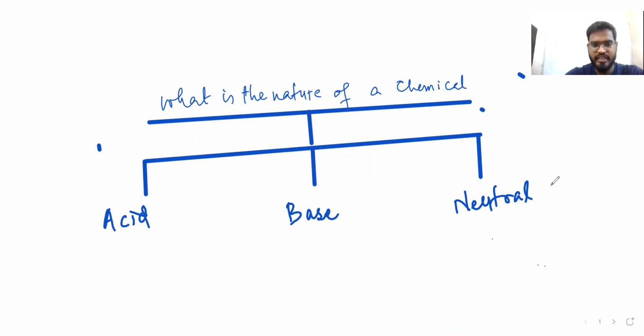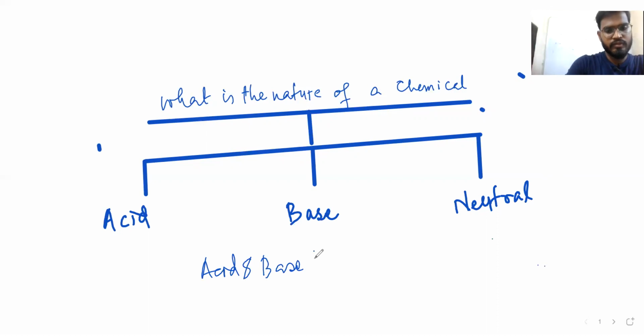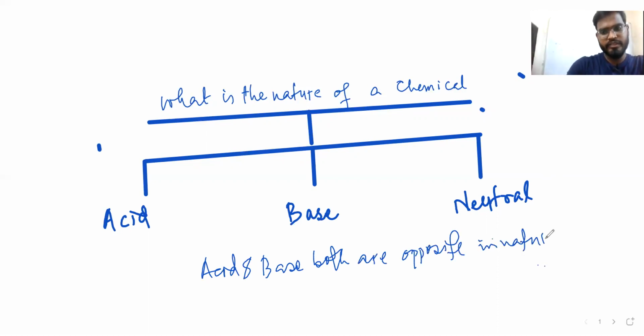Before that, what we can see here is that acid and base are both opposite to each other in nature. In mathematical terms, if acid is plus 7 and base is minus 7, the net is going to be neutral.